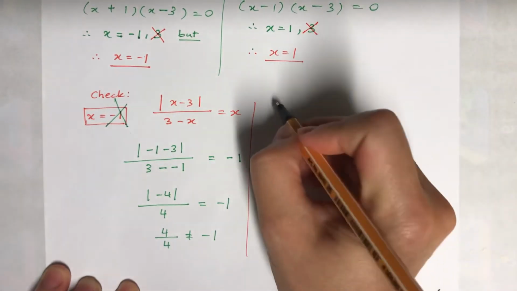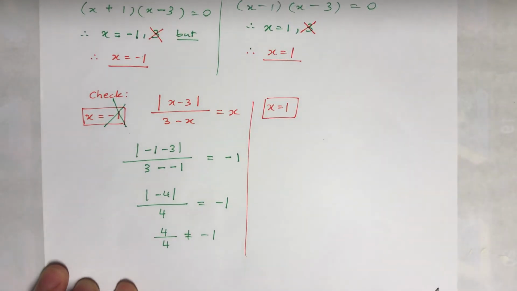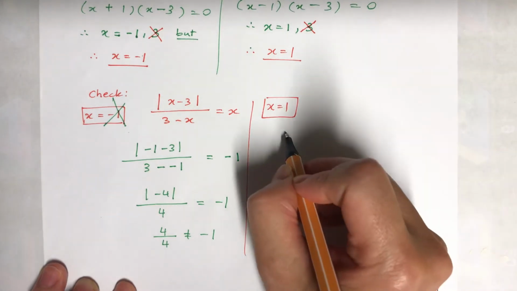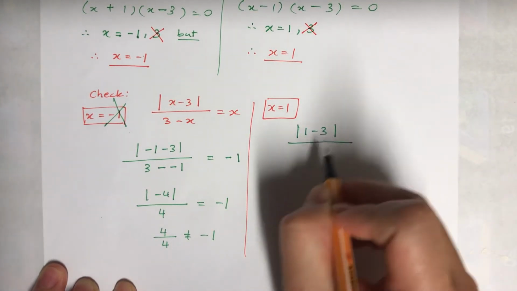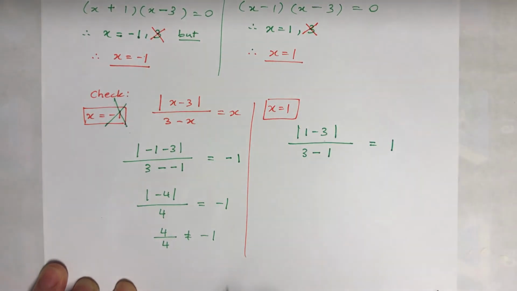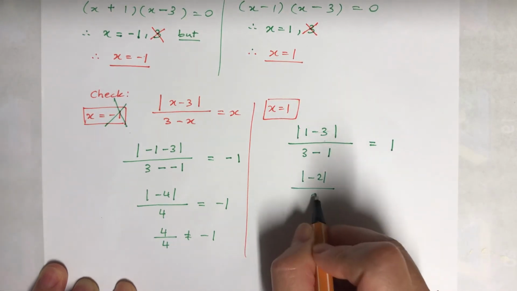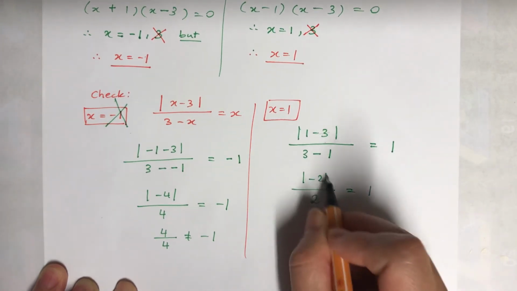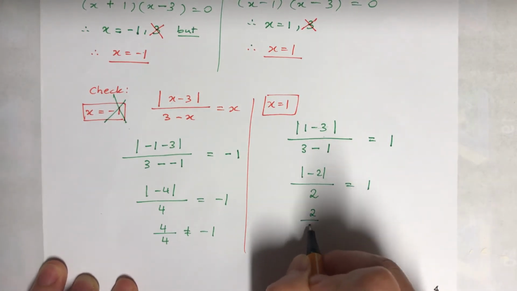Hopefully this might work. x equals 1. So I'm going to put it in here. It'll be 1 minus 3, and that should be 1. On top here, minus 2, and there's a 2. No matter what, negative or not, absolute value is going to be positive.